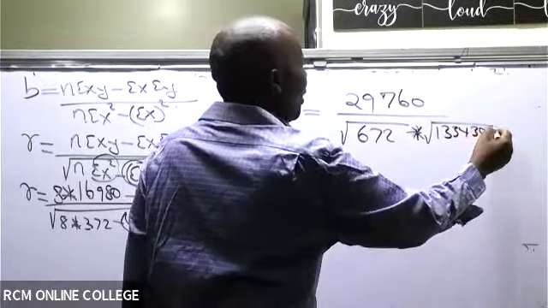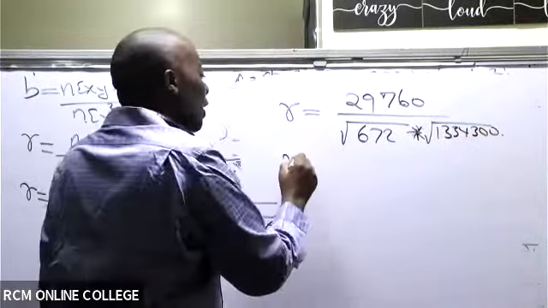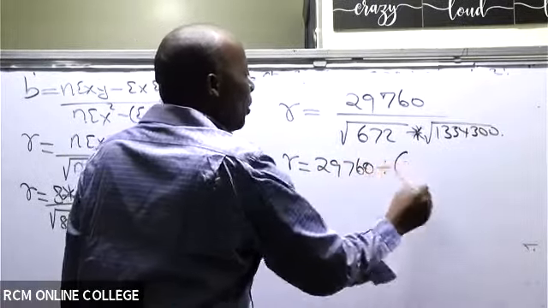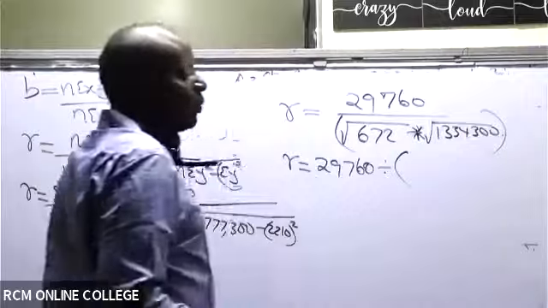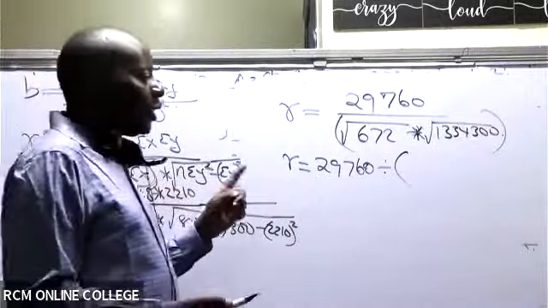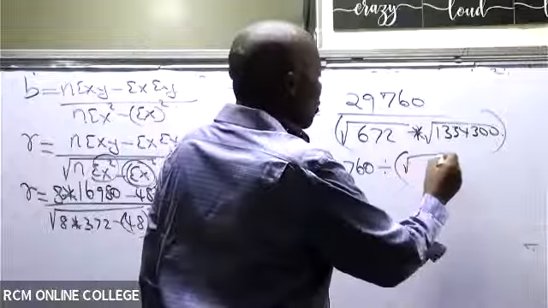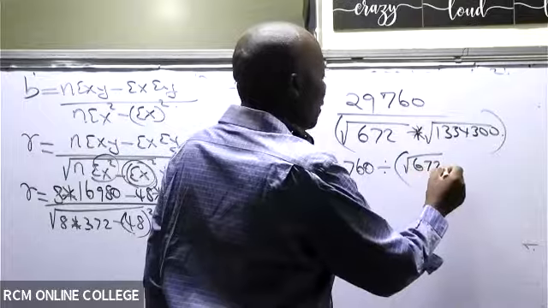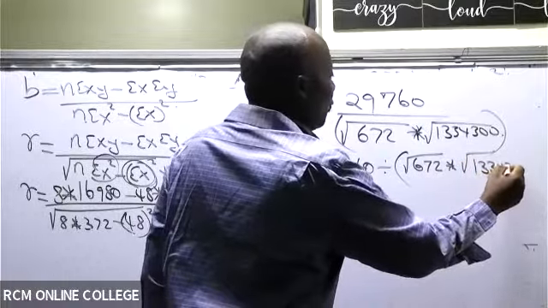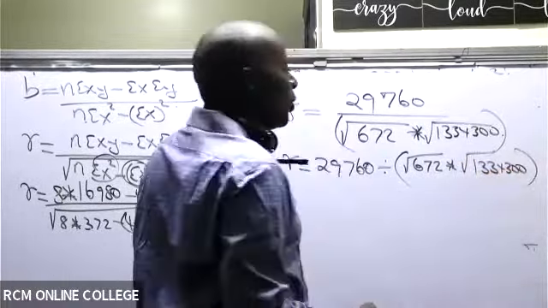So in your calculator, to get this R, you'll say 29,760 divided by, you open bracket here to take care of it, because there are two terms. You must always open brackets. So you say 29,760 divided by, open bracket, square root of 672 times square root of 1,334,300, and then you close bracket, and then you tell me equals.